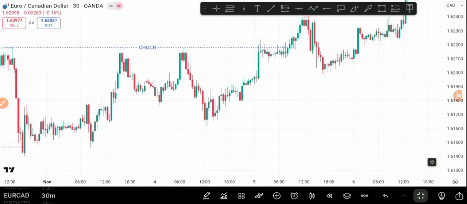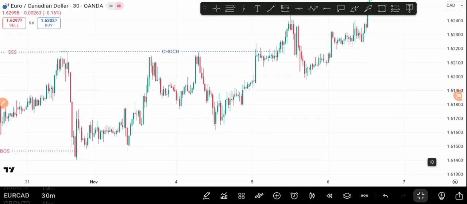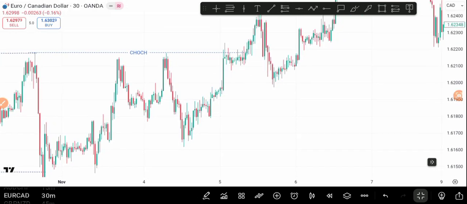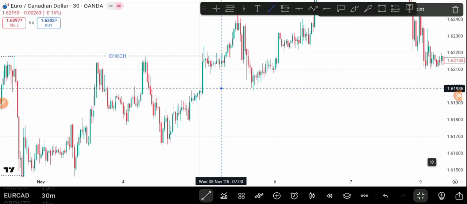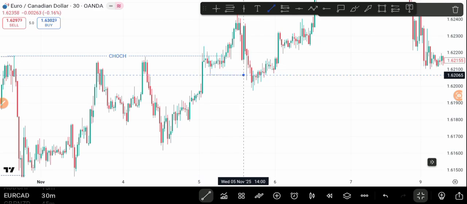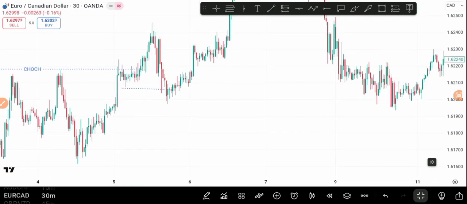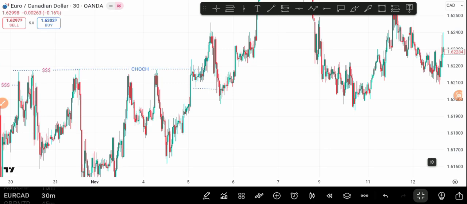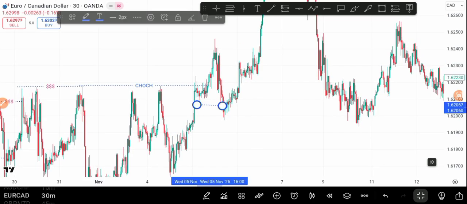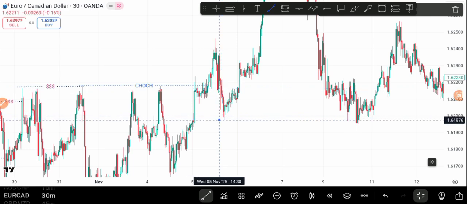Now I was waiting for the price to come back and take this liquidity from this point. Actually, this was my liquidity at this point. I waited for the price to come back.